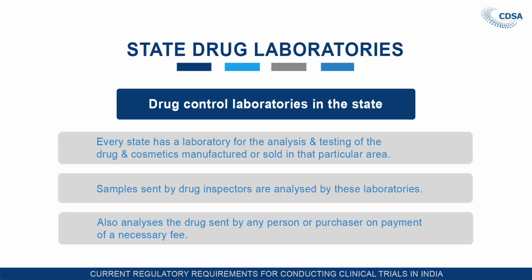They can send the sample to the central government laboratory. A few of the states are having many laboratories to test the drug samples which are taken by their inspectors. Samples sent by drug inspectors are analyzed by such laboratories, as I have said. They also analyze the drugs sent by any person or purchaser on payment of necessary fees.